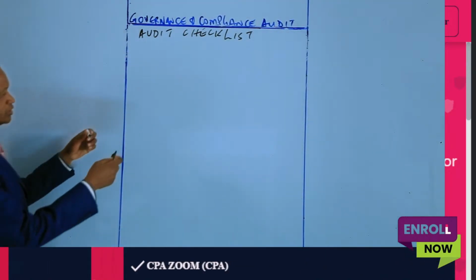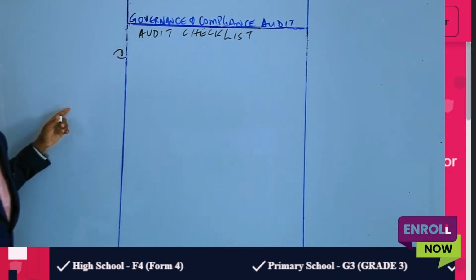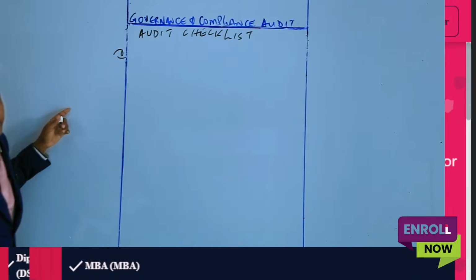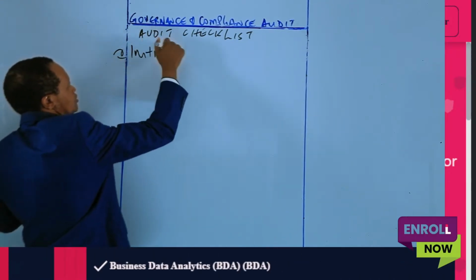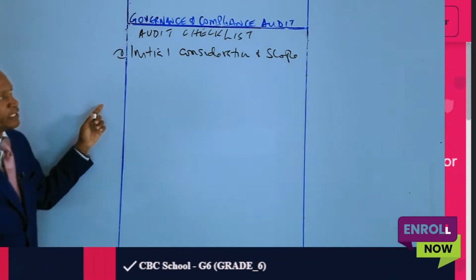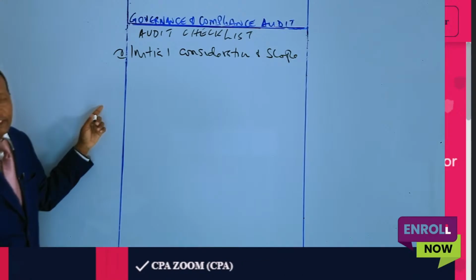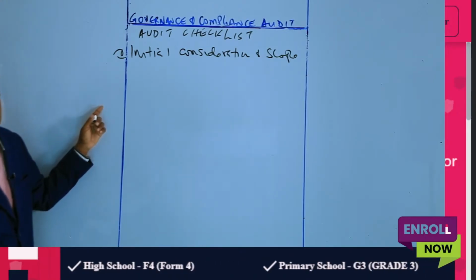And the first one is the initial consideration and scope. Initial consideration and scope may cover areas like the audit purpose and objectives.